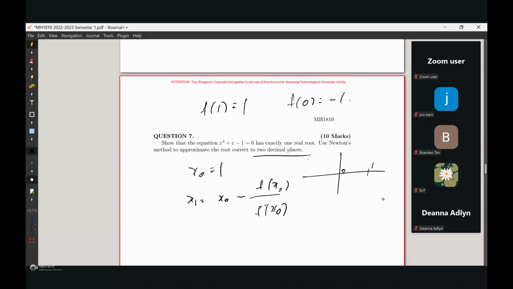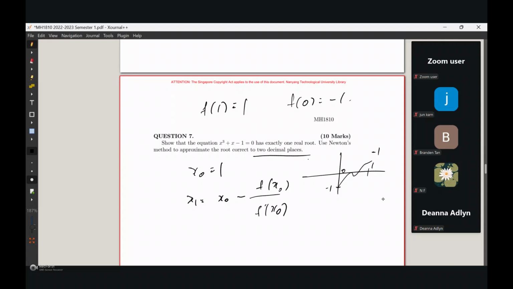It doesn't make sense for you to use a point further than these two points. So f(0) is negative 1, f(1) is 1, so somewhere in between you cut. You can start from 0 or 1. I'll use 1. If you want, you can use 0. Any other points, I think you can, but you will take more steps.